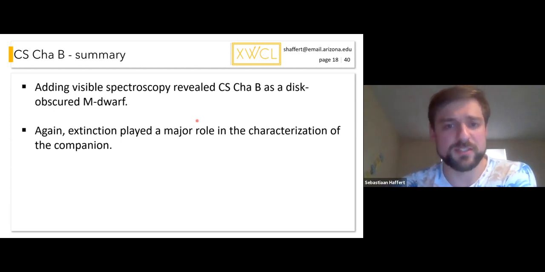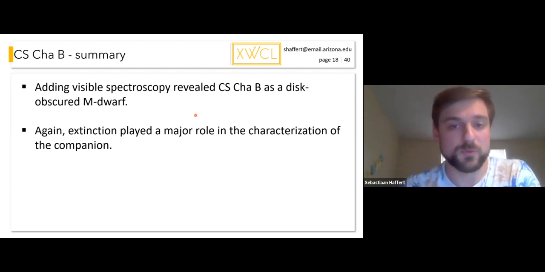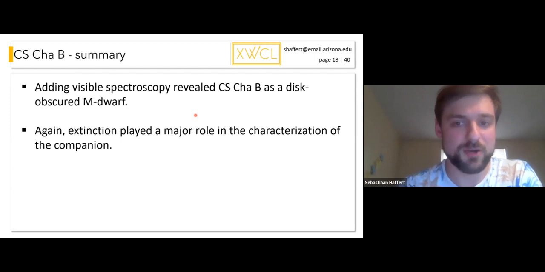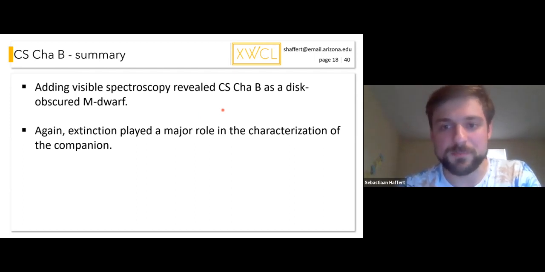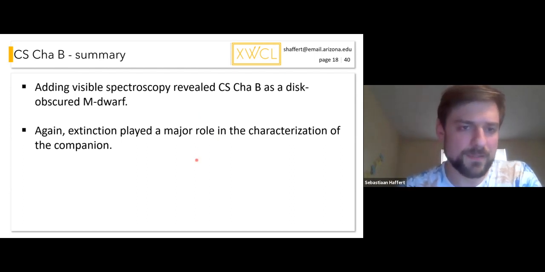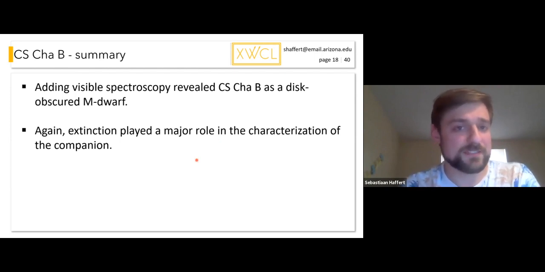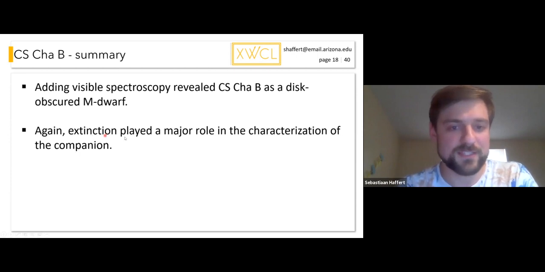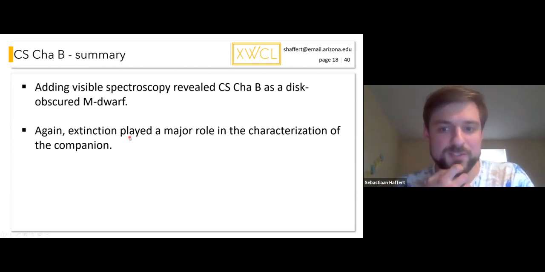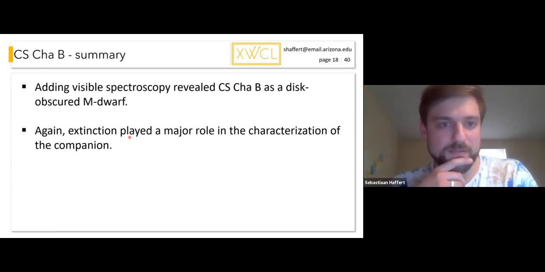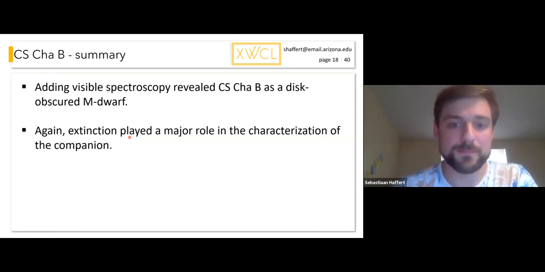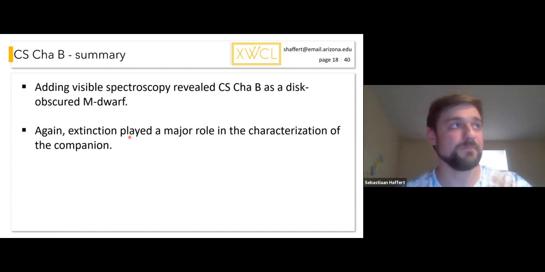So I think this really shows that adding visible observations is really necessary to help constrain the properties of the companions. And again, just like PDS-70, in this system the extinction played a major role in the characterization of the companion.